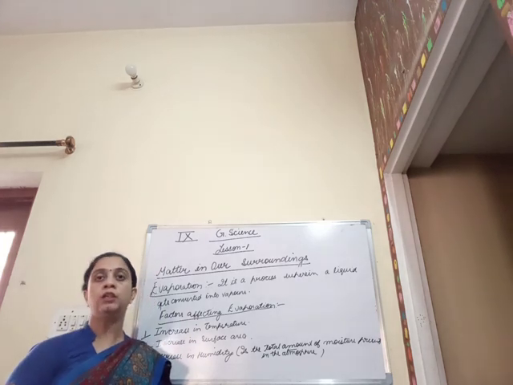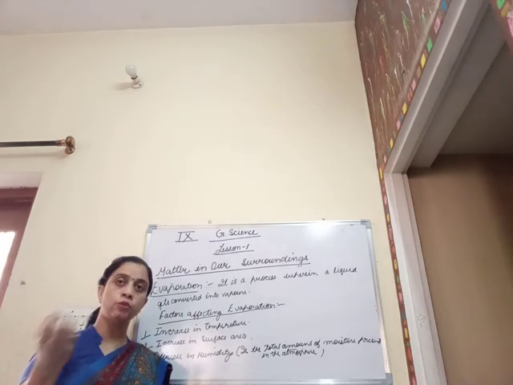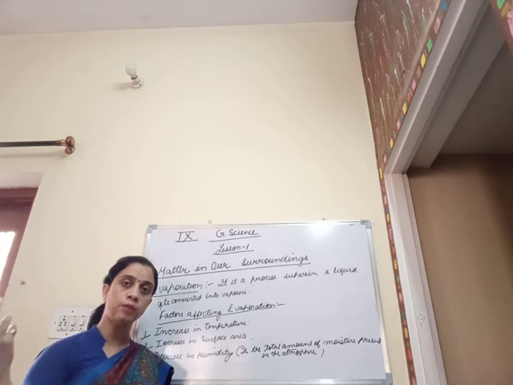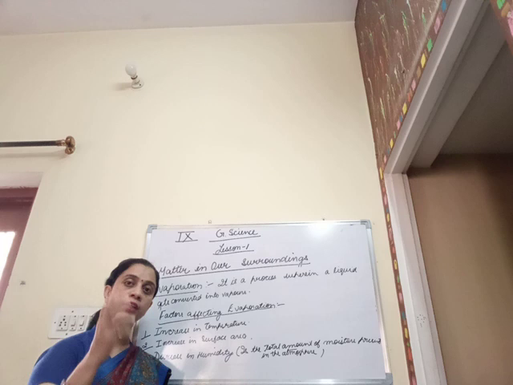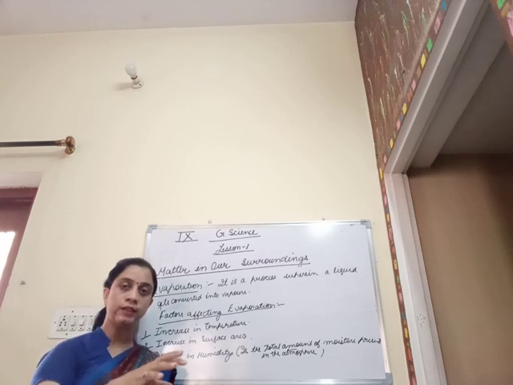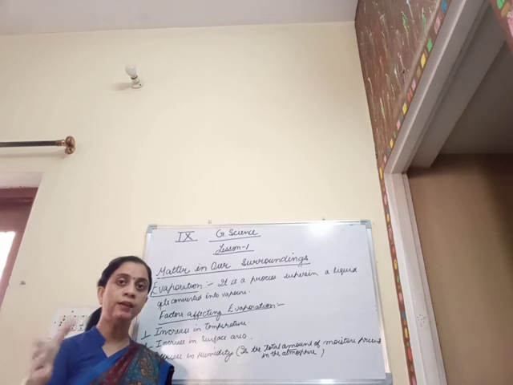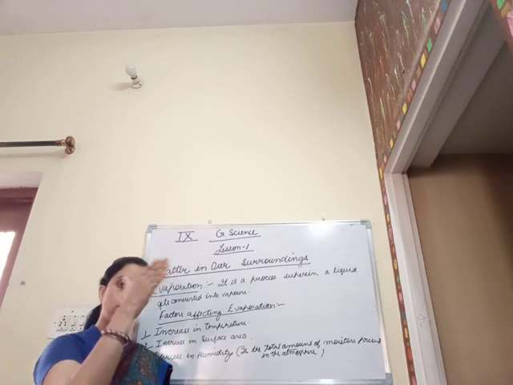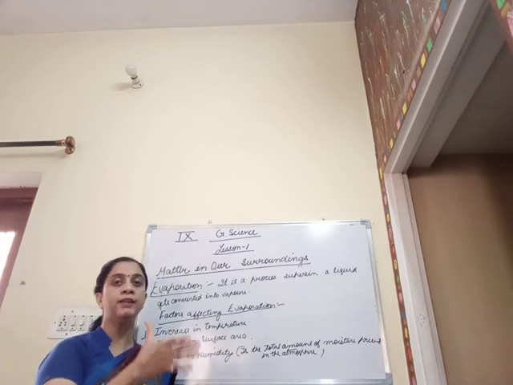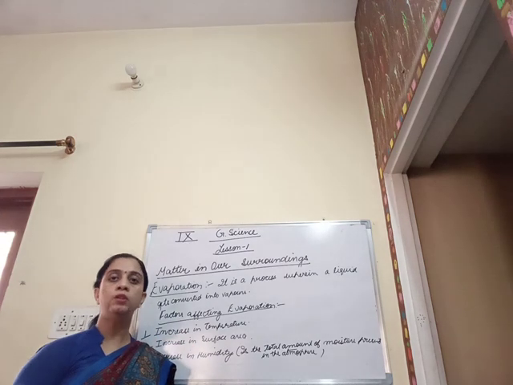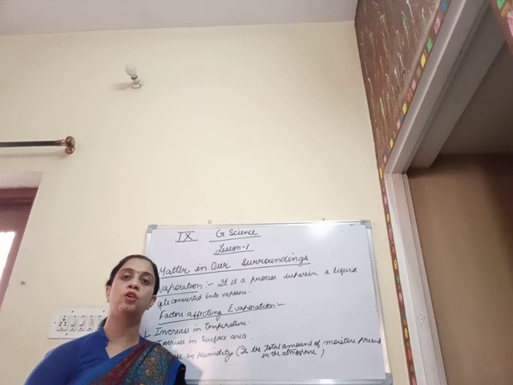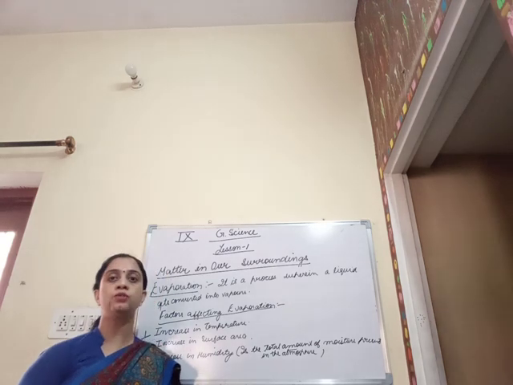Because the particles present outside in the atmosphere, when they come in close contact with the ice cold water in the glass, lose their heat and settle down on the rim or the edge of the glass, and they get converted from the vapor state to the liquid state. So these are all the various effects of evaporation in our day-to-day life.